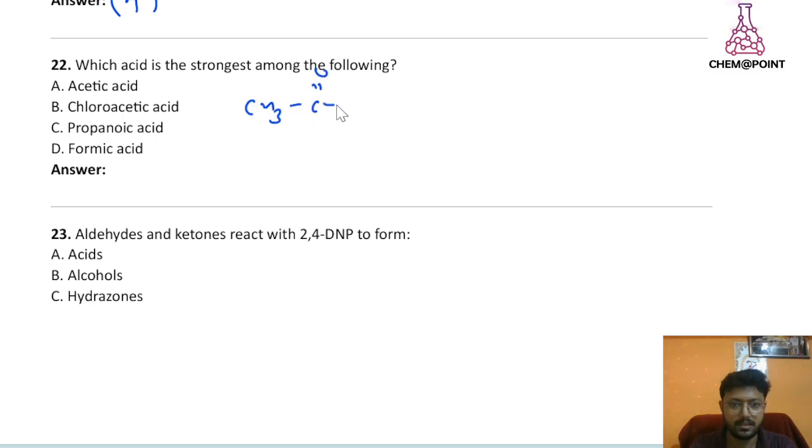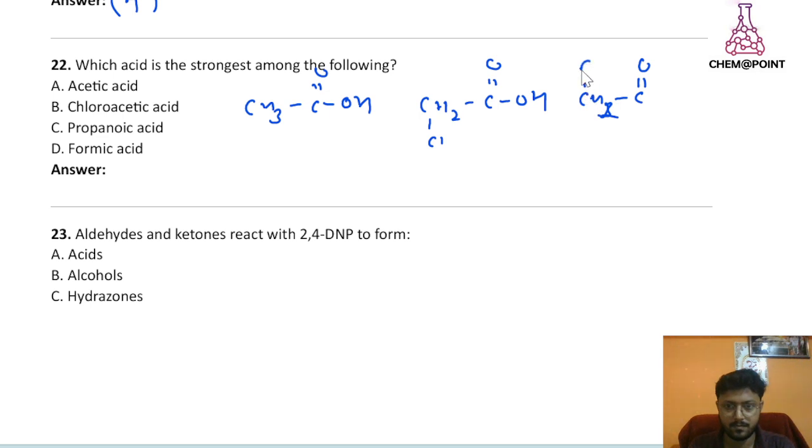CH3 C double bond O, single bond OH, acetic acid, then chloroacetic acid, then propanoic acid, then formic acid.